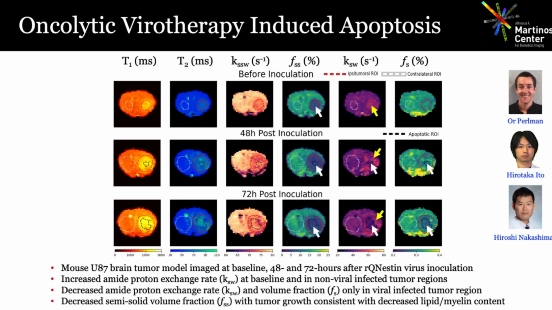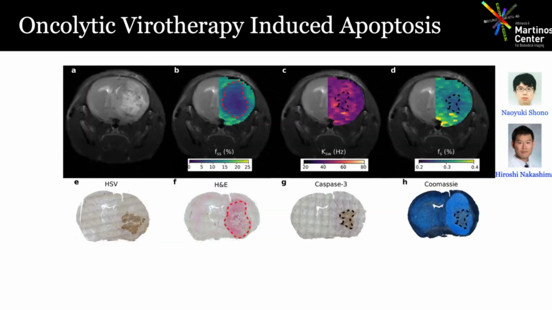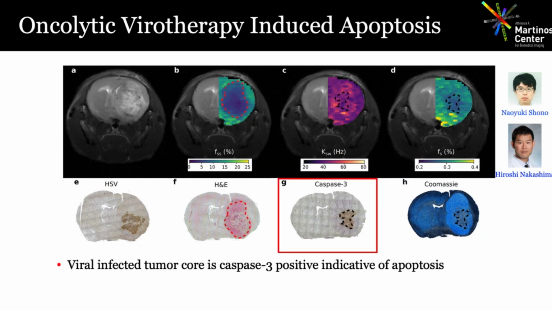Okay, and then the semi-solid proton volume fraction is also decreased, which makes sense because you're replacing highly myelinated brain tissue with tumor tissue. And well, how do we validate this? So we did some histology looking at apoptosis biomarkers using caspase-3.